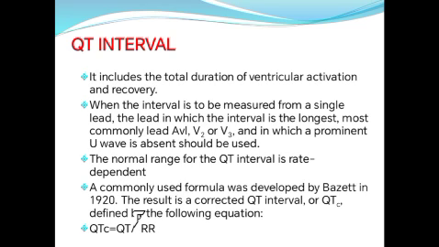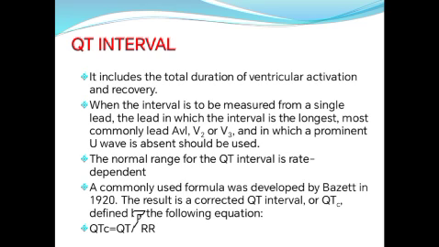Okay, what about the normal range? It is rate dependent, so it will be different. In a patient with bradycardia, it will be prolonged, and in a patient with tachycardia, it will be very short. So why is it called rate dependent? We have to correct it, and we have what is called the corrected QT interval.